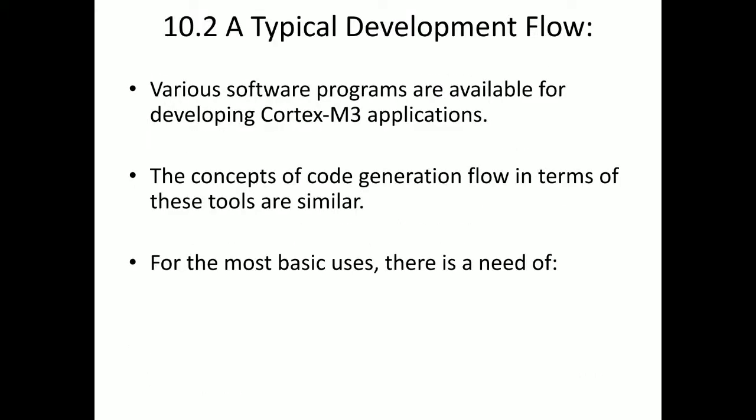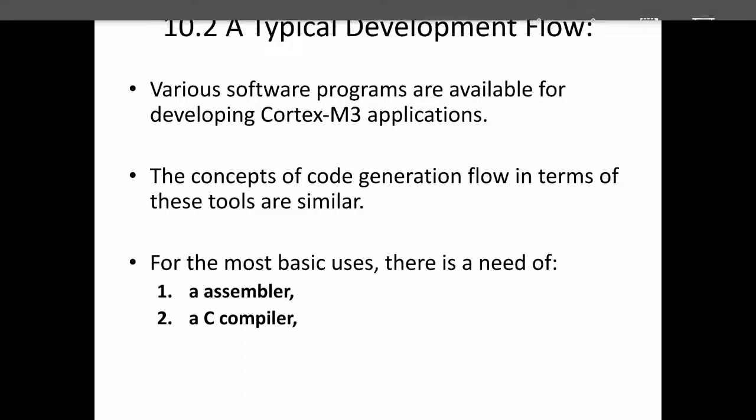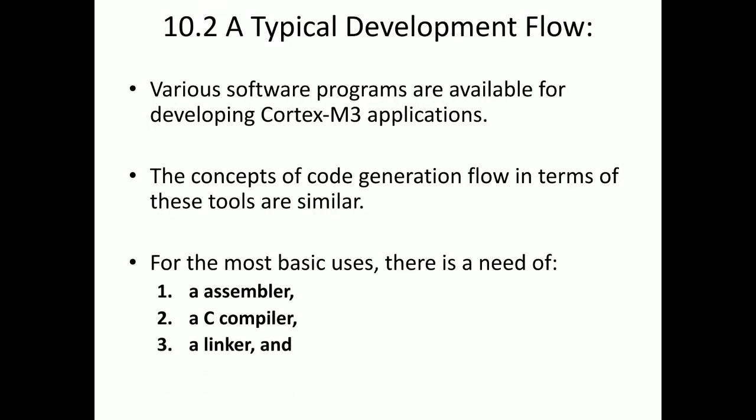Various software programs are available for developing Cortex M3 applications. The concepts of the code generation flow in terms of these tools are similar. For the most basic uses, there is a need for an assembler, a compiler, a linker, and binary file generation utilities.